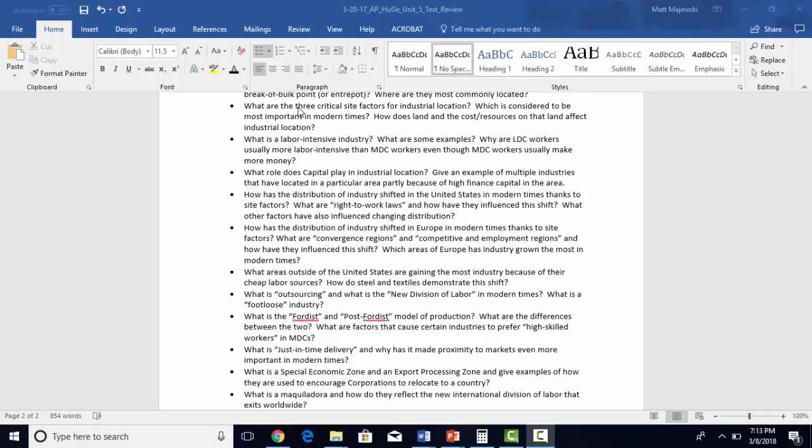What is a labor-intensive industry? Labor-intensive industry is an industry where a large portion of the costs of production of that product come from paying the workers. So what I mean by that is, let's say you're making a product like a t-shirt. Let's say the cost of making that product is $10.